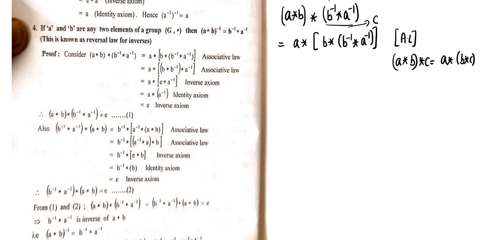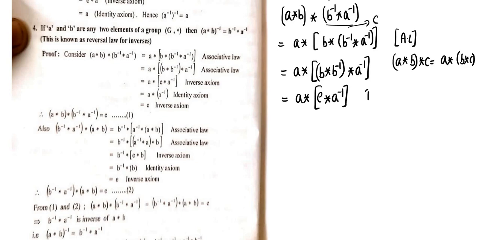Again use the associative law, then we are going to get a * ((b * b^-1) * a^-1). Here also we are applying the associative law: a * (b * b^-1) * a^-1, which is equal to a * (e * a^-1).